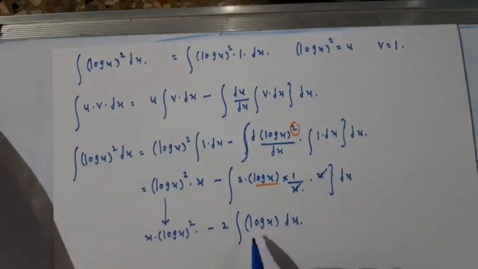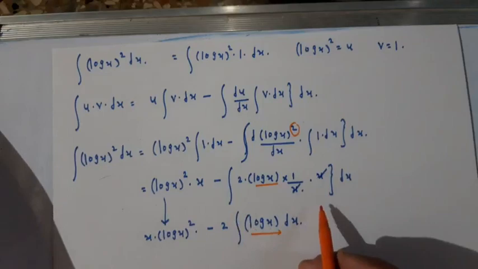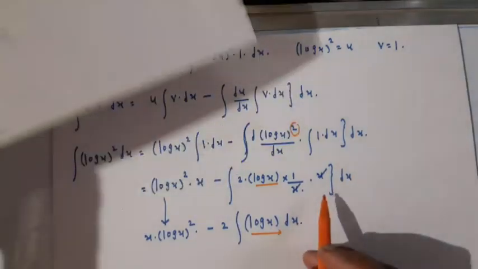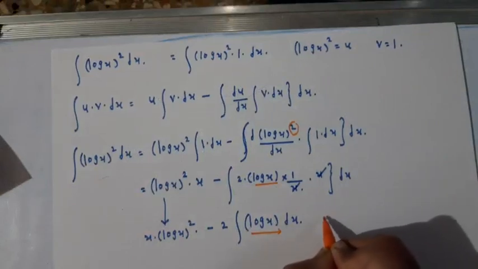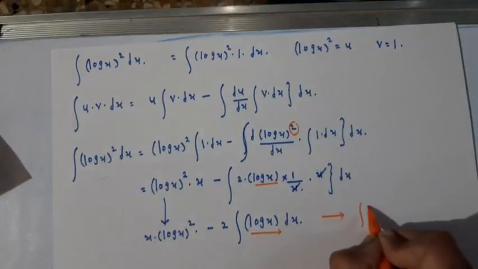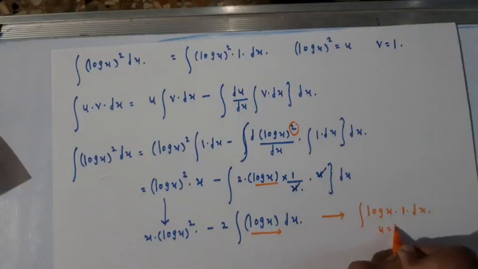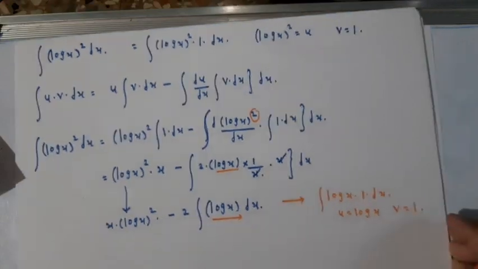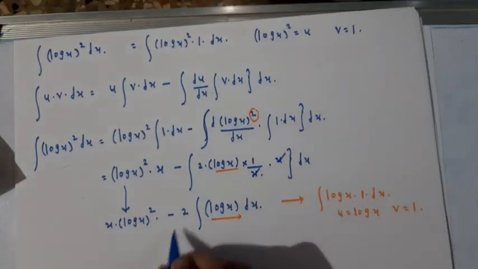Okay students, now to find the integration of log of x, in the last problem we have solved the integration of log of x. In a similar way you have to solve it, that is, the integration of log of x is log of x into 1 with respect to x, where u equals log of x and v equals 1. By using the u into v formula of integration, we can solve.